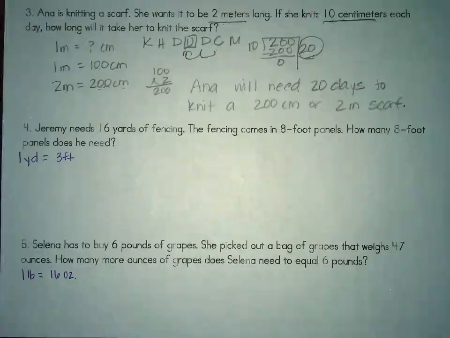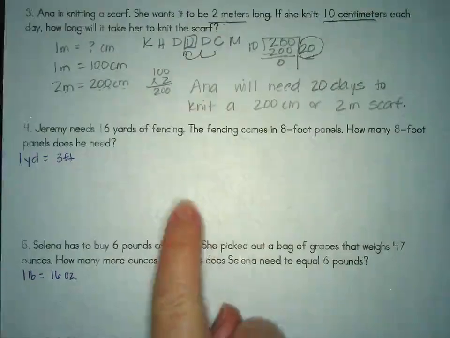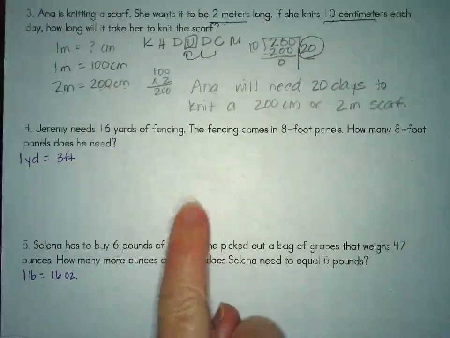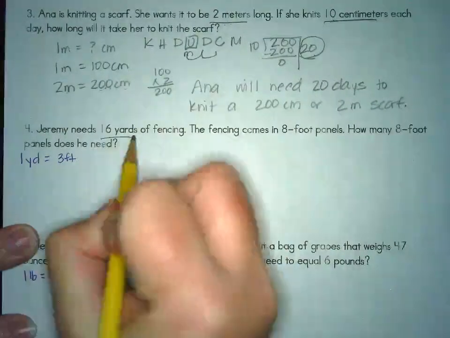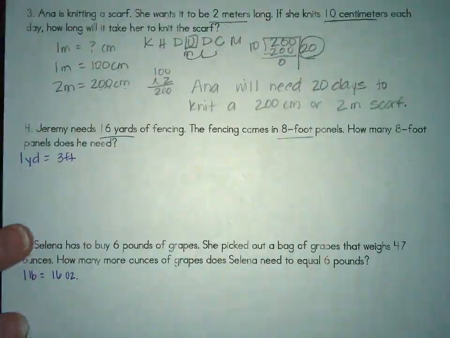Read your problems and note what are the measurements you're working with, and is it customary or is it metric? So in this first problem, number 4, what measurements are we working with? Yards and feet.